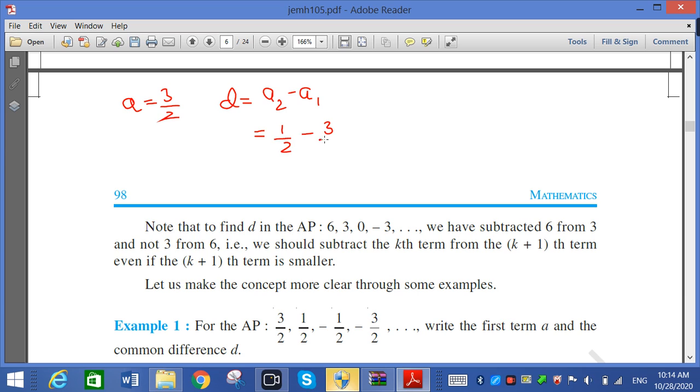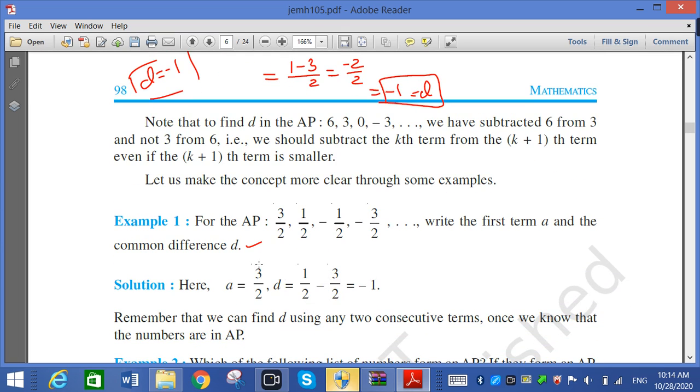A1 is 3 by 2. So 1 minus 3 by 2, that is minus 2 by 2, that is minus 1. So D is equal to minus 1. Common difference and first term, we have both.